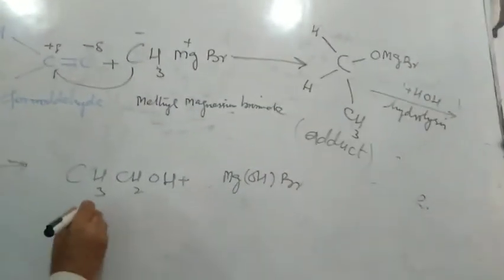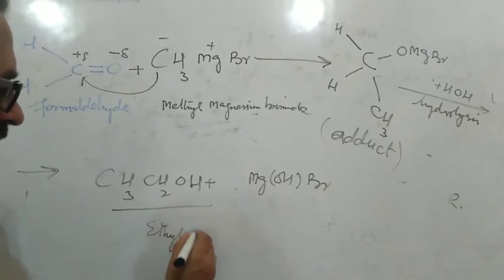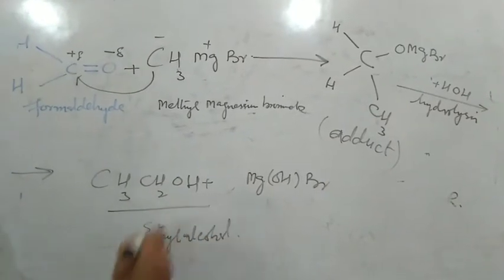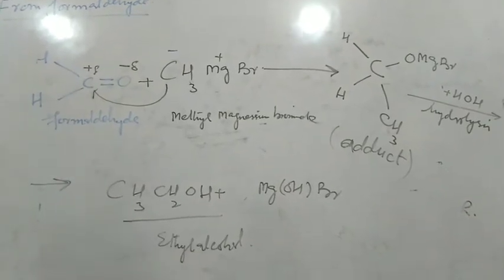So ethyl alcohol is obtained. That means from formaldehyde we have obtained the primary alcohol, that is ethyl alcohol.